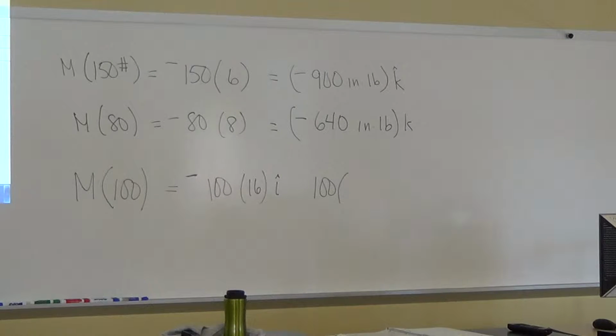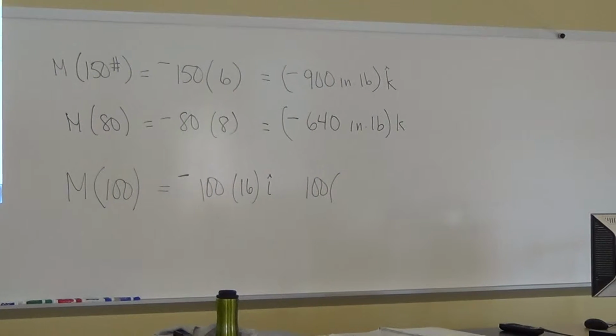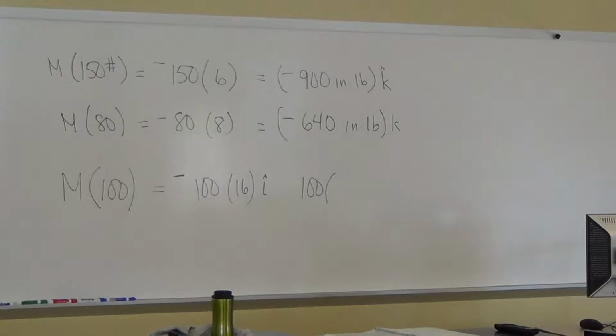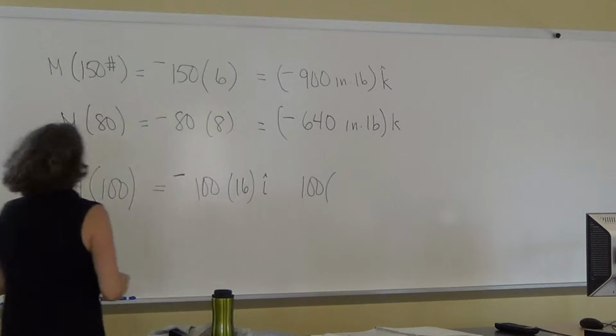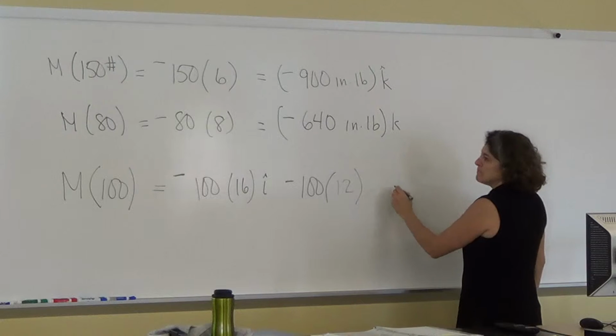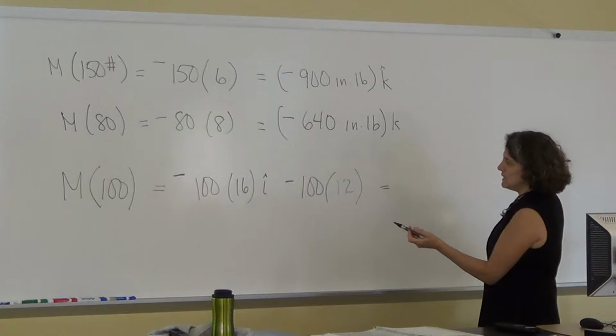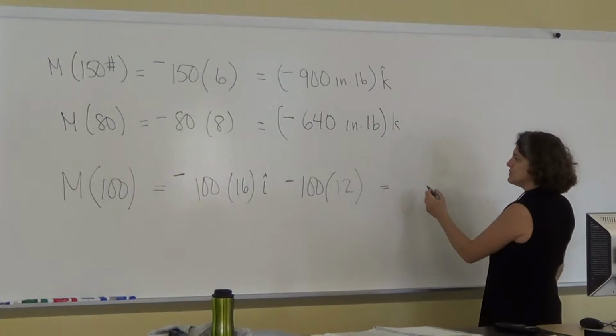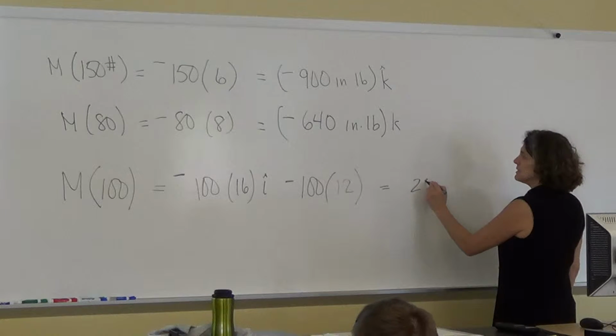There's a force going behind it going down, so it's spinning like this, and in front going up. If it's spinning like that, Chris M, did you get a negative? So it's 100 times 12, it's a negative, and it comes out to be a negative 1,600 and 1,200, so that's 2,800?